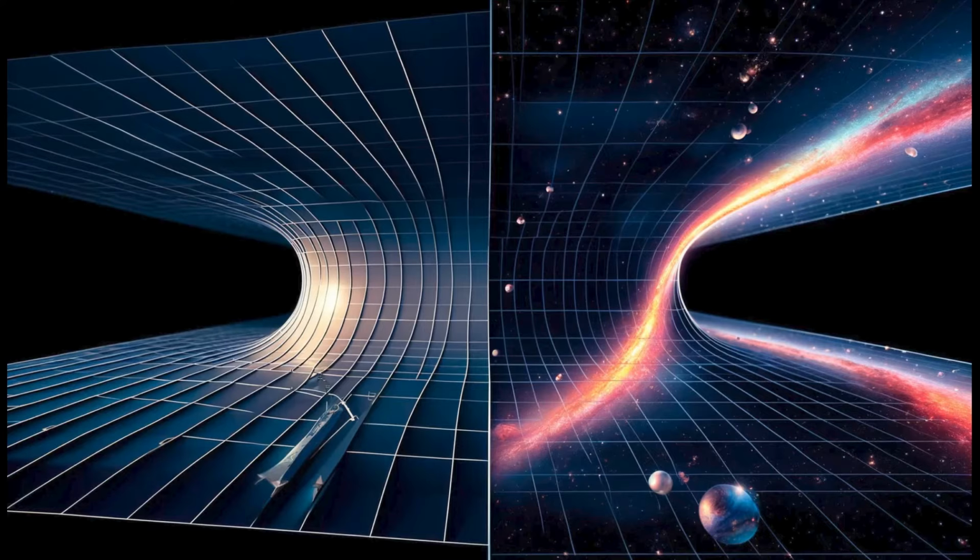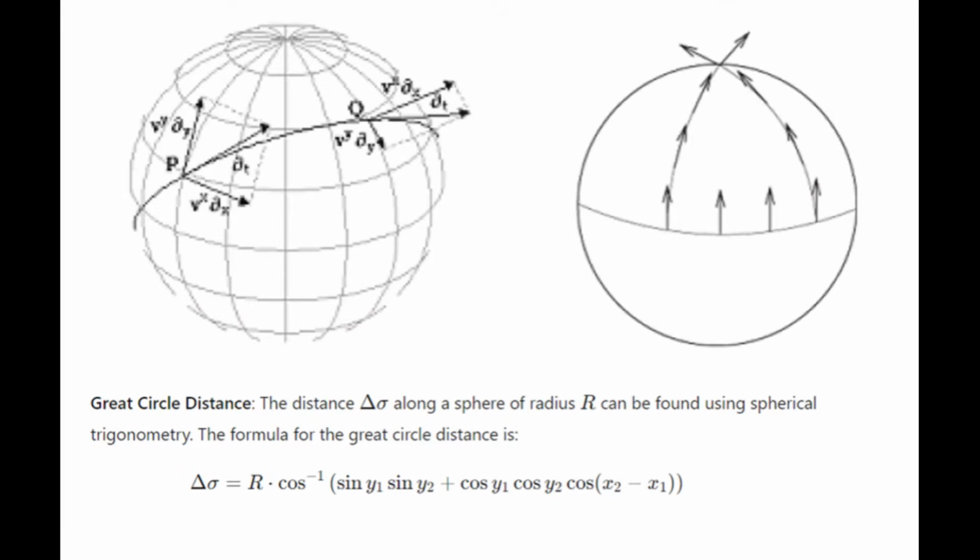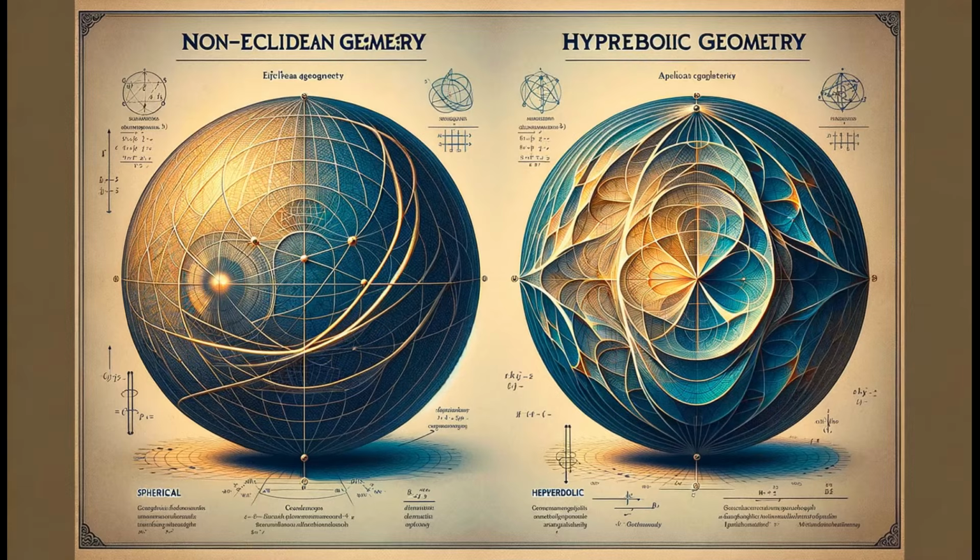In spherical geometry, the distance measure differs significantly from the Euclidean case. For points on the sphere, the shortest path is the arc of the great circle, and the distance can be expressed in global coordinates. Hyperbolic geometry, characterized by a consistent negative curvature, is further differentiated by distance measurements that can model phenomena that are not possible in Euclidean spaces.